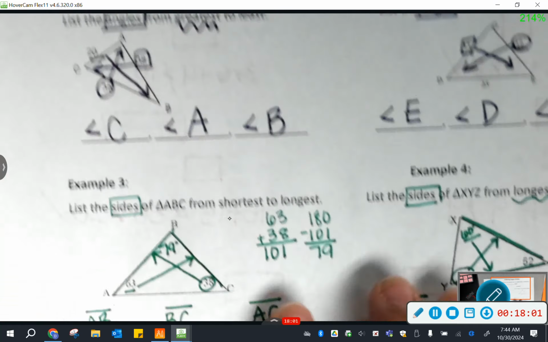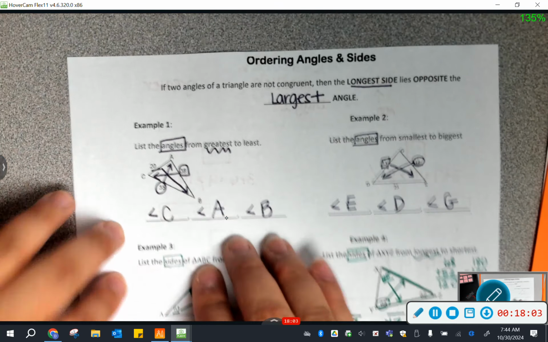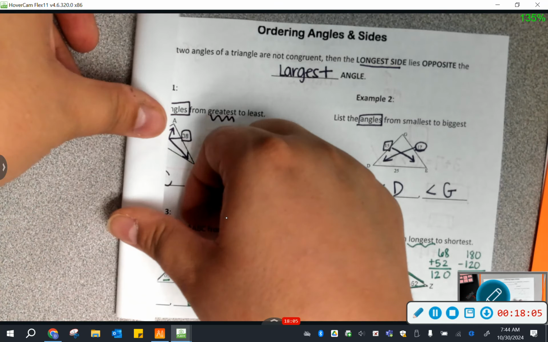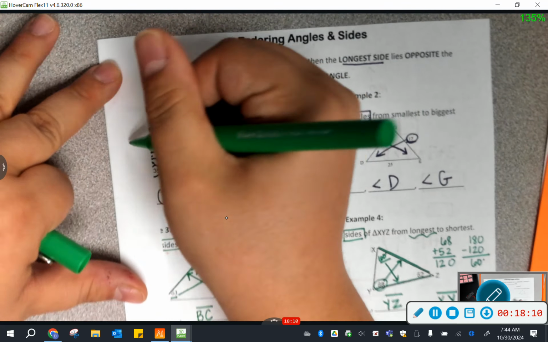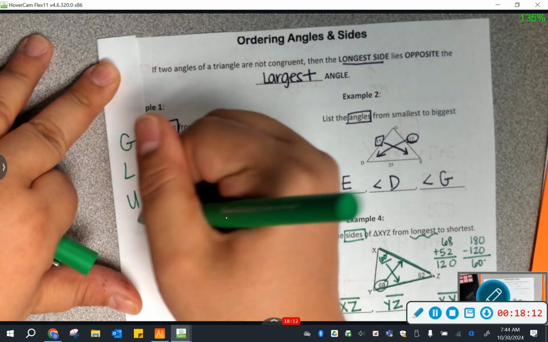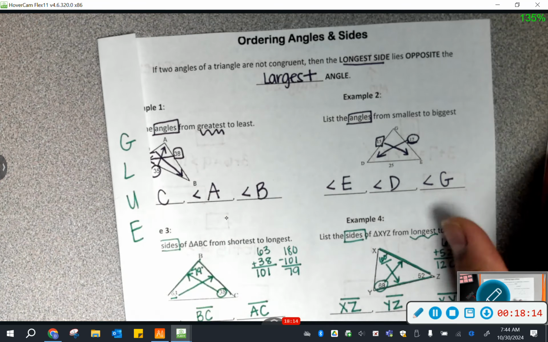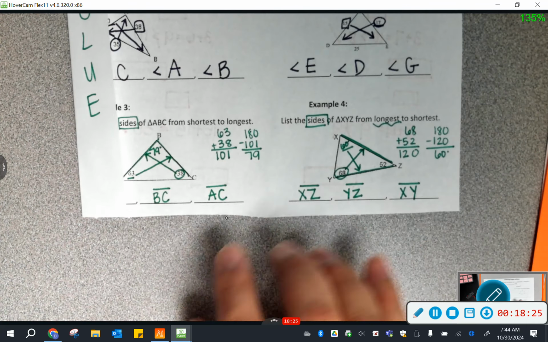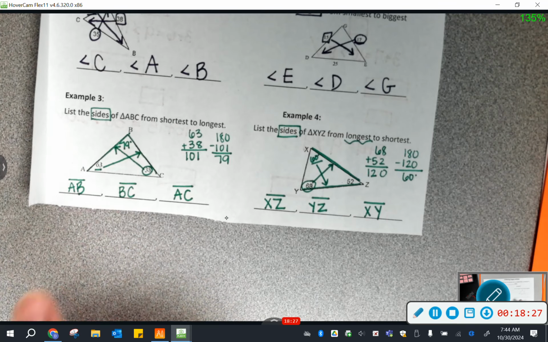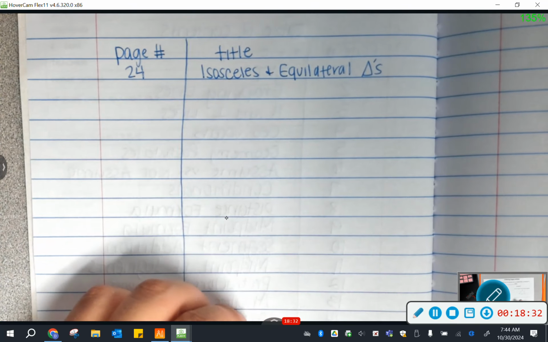What I want you to do right here on this side is create a flap, and you are going to glue right here. We are going to glue this on page 25.